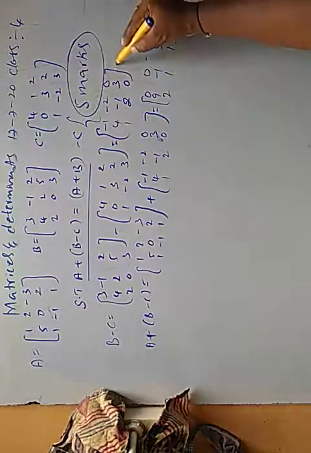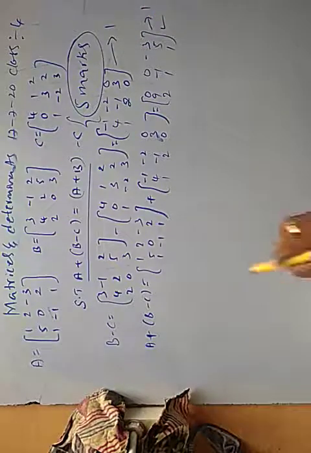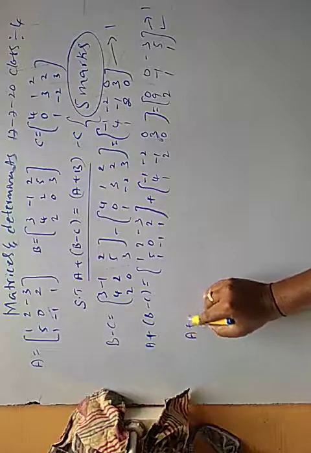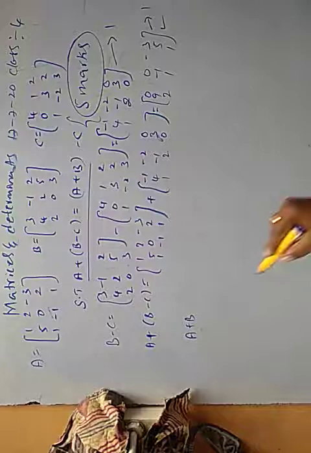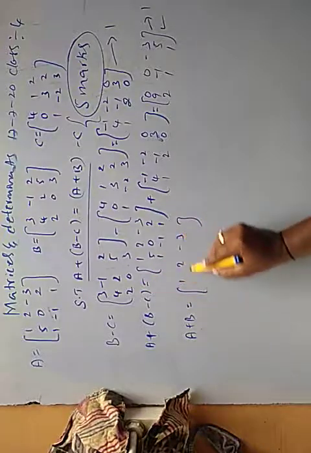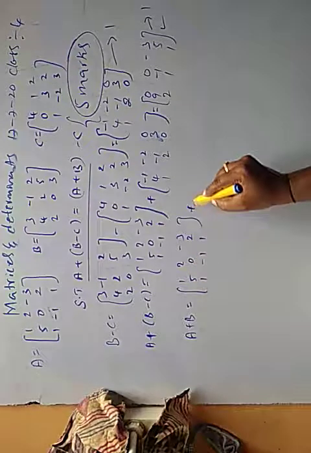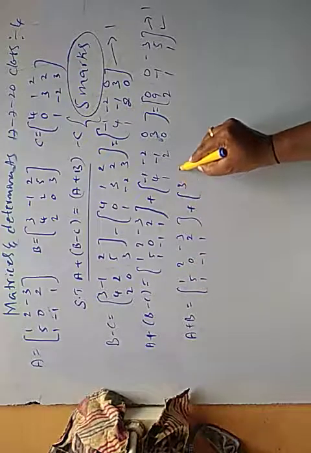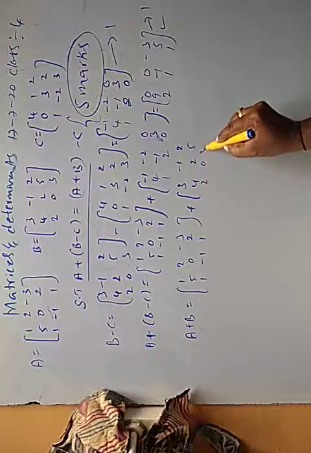To find B minus C, 1 mark; to find LHS, 1 mark. Next, to find A plus B, we are in RHS now. A plus B is, similarly, A: 1, 2, minus 3, 5, 0, 2, 1, minus 1, 1, plus B: 3, minus 1, 2, 4, 2, 5, 2, 0, 3.